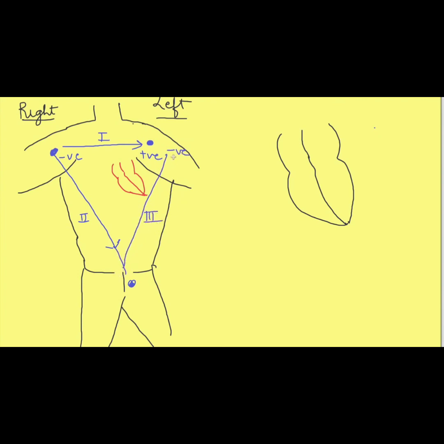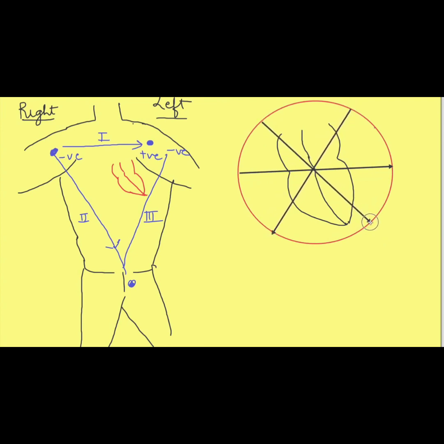This is lead 3 of ECG. If we draw the direction of all these leads from a common center, we can draw it like this also. We are only just shifting the vectors, drawing them from a common center. Now these leads, lead 1, 2, 3 are bipolar limb leads.